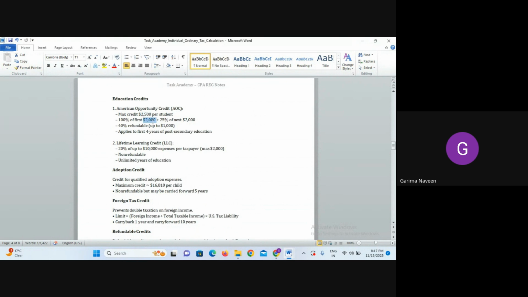If you have expenses up to $2,000, then 100% of the expense can be taken as a credit. But if you have more than $2,000 of expenses, then on the next $2,000 you can only claim up to 25%. That means 25% of $2,000, which is $500. So up to $2,500 you can get this credit.